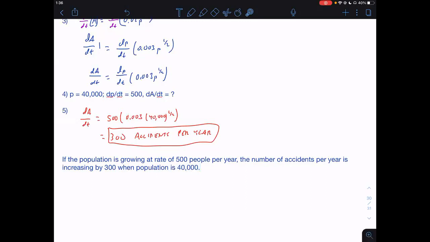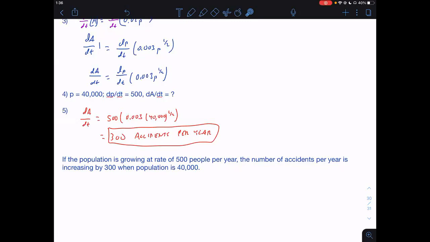So if the number of people in the city is growing every year by 500 people, then when the population is 40,000, the number of accidents will be growing by 300 per year.